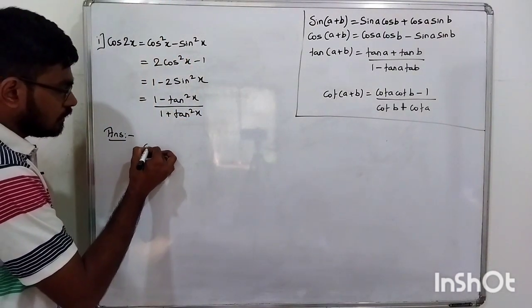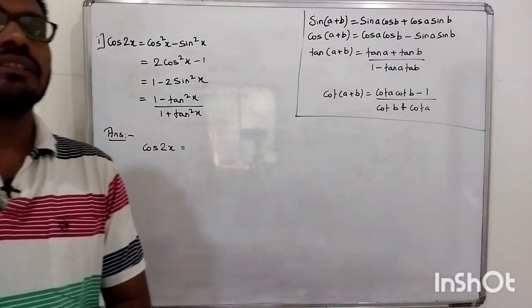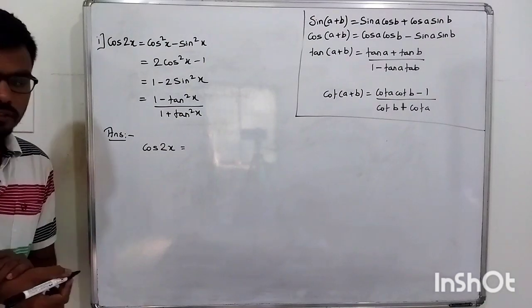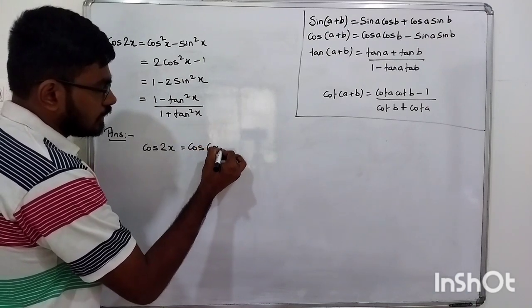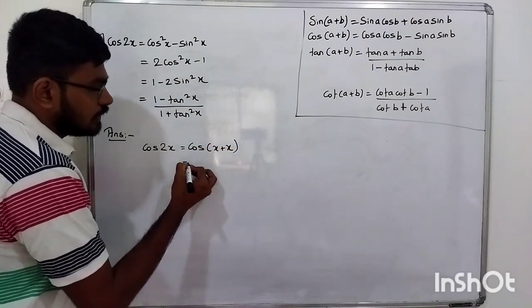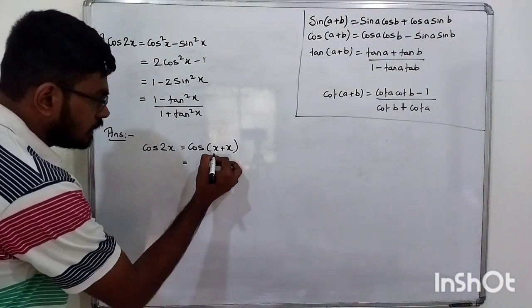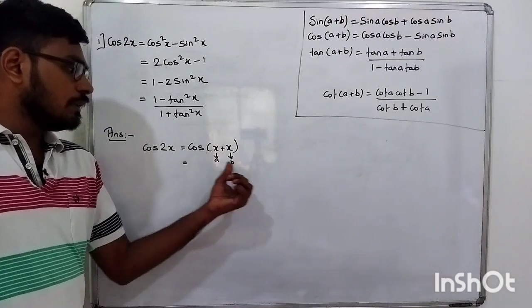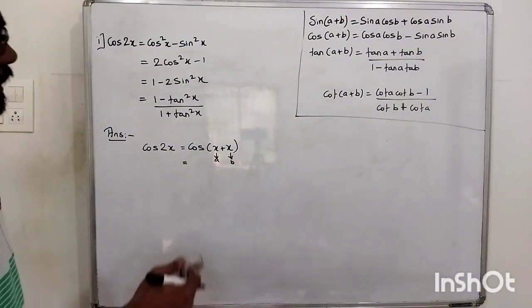So first we will write cos 2x. Step by step we will derive this. We know cos 2x is cos of x plus x. 2x I am writing as x plus x. Now if I take this as a, this as b, this will be cos of a plus b, and the formula for it will be cos a cos b minus sin a sin b.